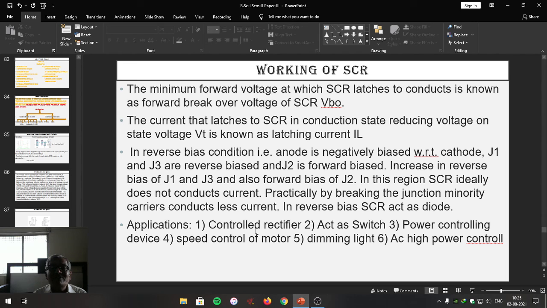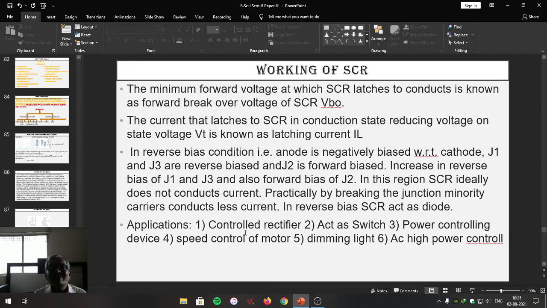Controlled rectifier means its output current through the load is controlled by the third terminal available for the SCR, that is known as the gate. How? I explained that by increasing the gate current, firing angle reduces and conduction angle increases. When conduction angle increases, naturally anode current increases. And the reverse is also true.